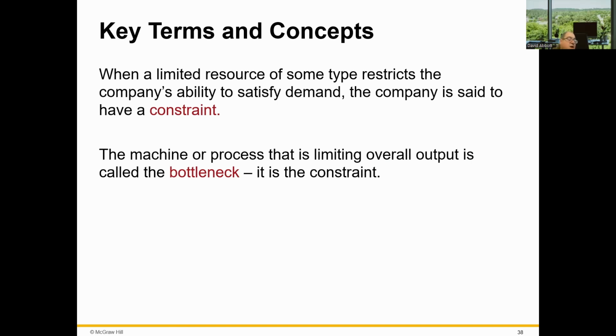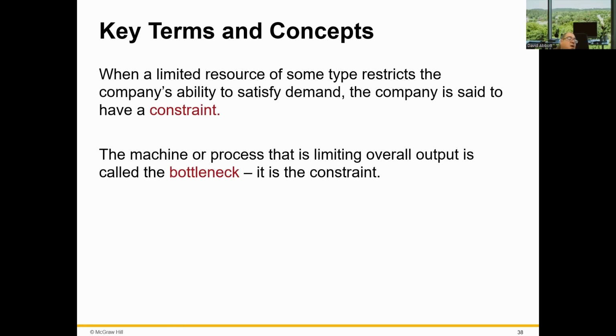Likewise, the capacity of a production process is determined by its weakest link, which is the constraint. To increase the strength of a chain, its weakest link must be strengthened. To increase the output of the entire process, the output of the constraint must be increased.